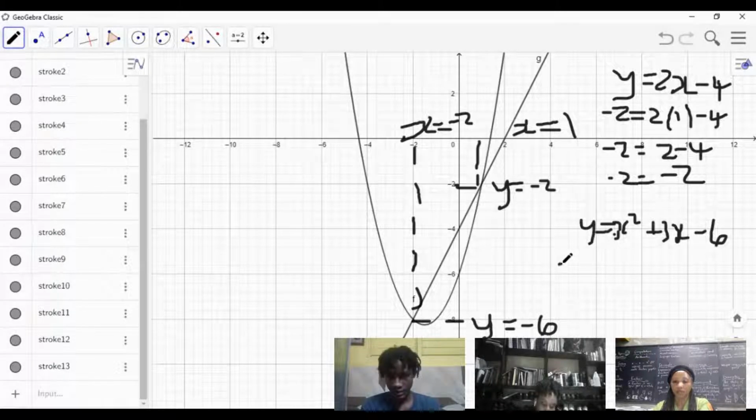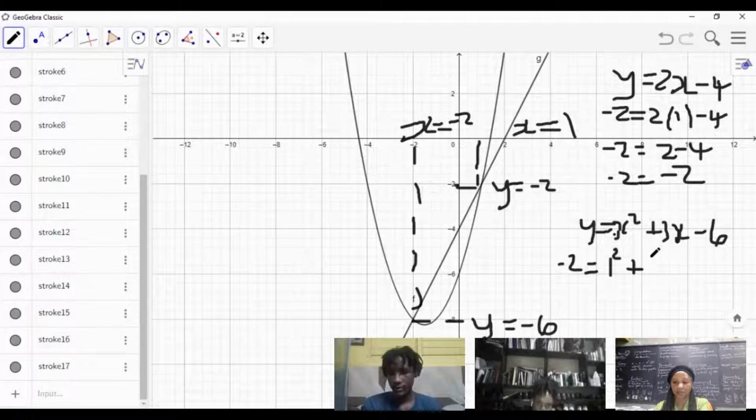So y is equal to -2, and x is equal to 1. 1 squared plus 3 times 1 minus 6.